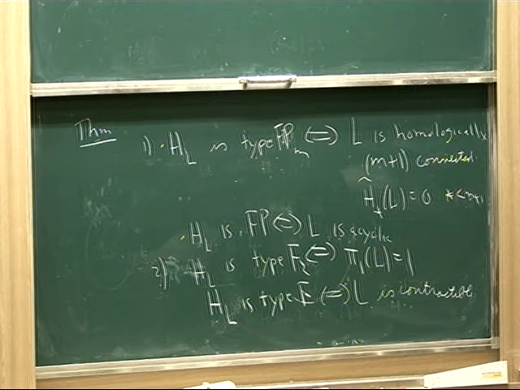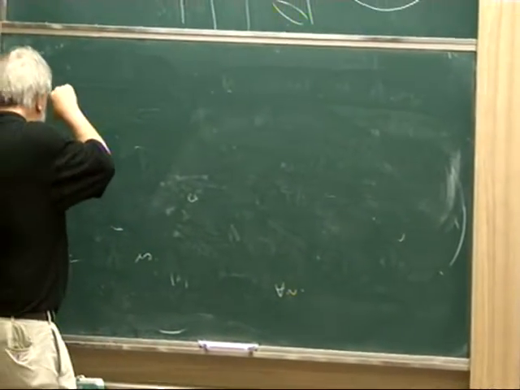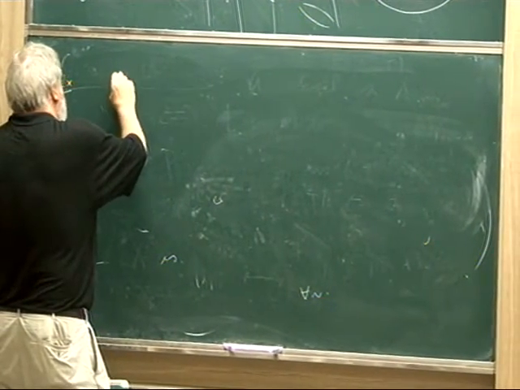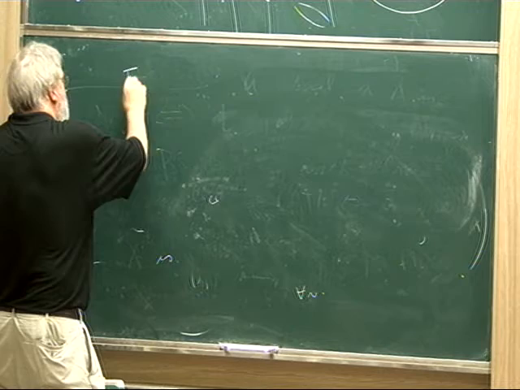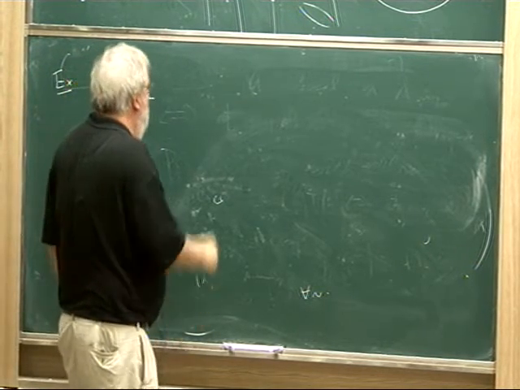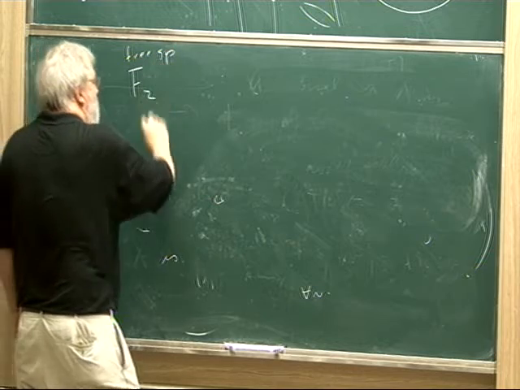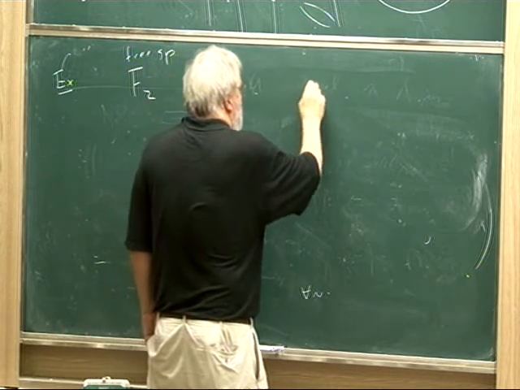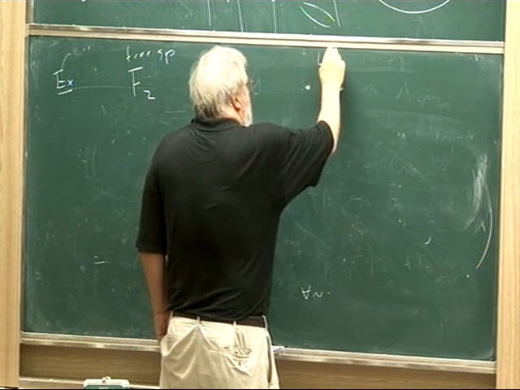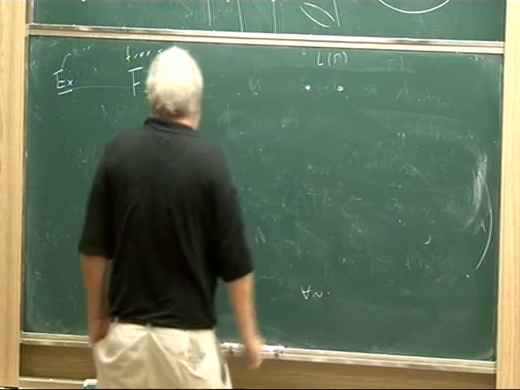So here's some old examples which fit into this definition. The first, if you take just the free group on 2 letters, this is the one that corresponds to L of gamma, it's just 2 points.